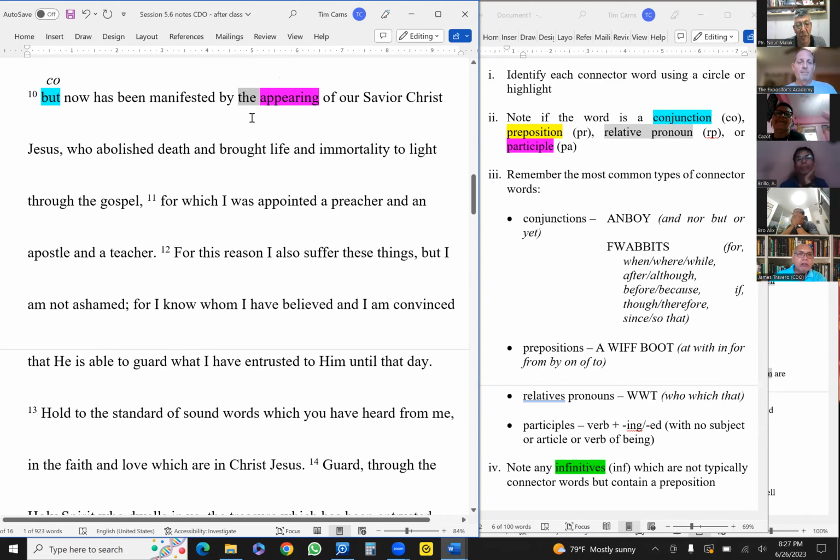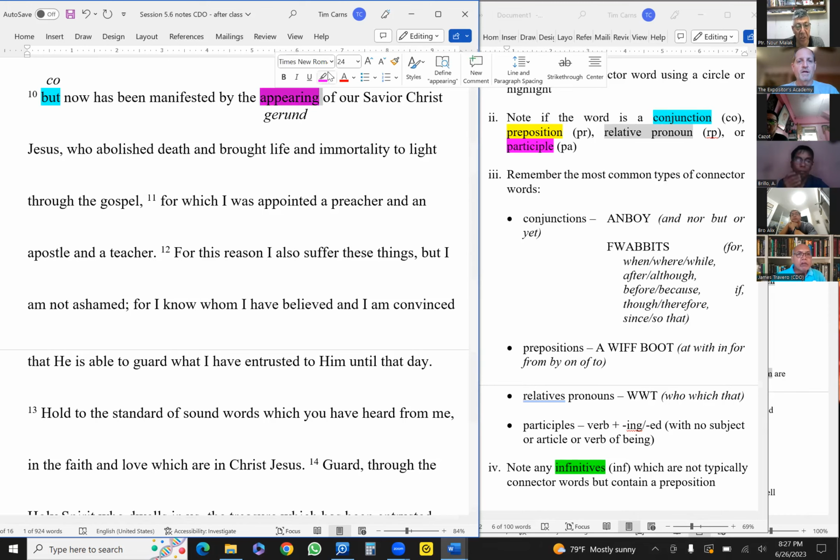And let's remember, if there's an article in front of a word, the word that it is in front of is a noun. Articles only identify nouns. All right, so that means appearing has to be a noun in this case. So it's not a participle, and this is what makes the participle so challenging to identify. In this case, it's a gerund.